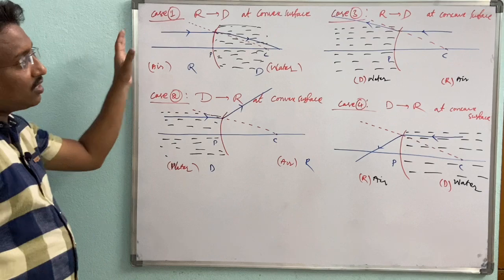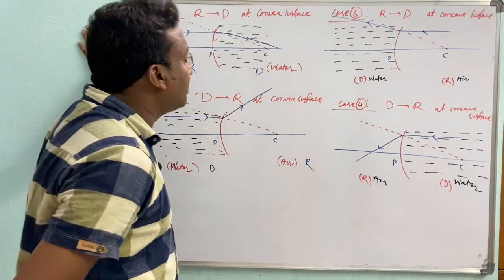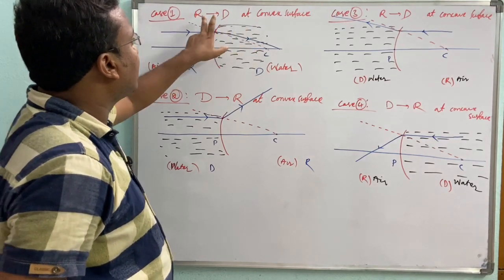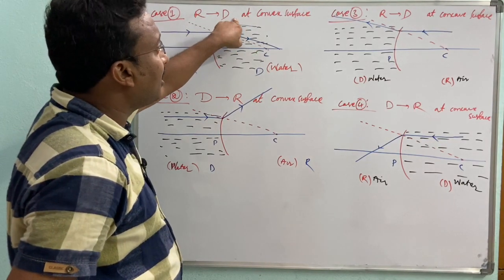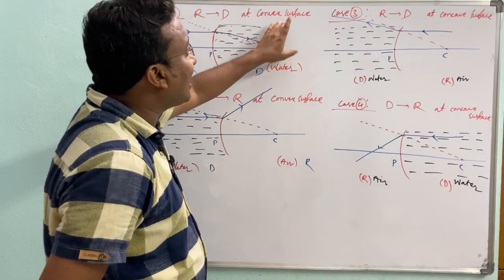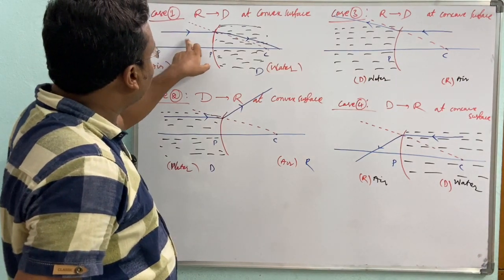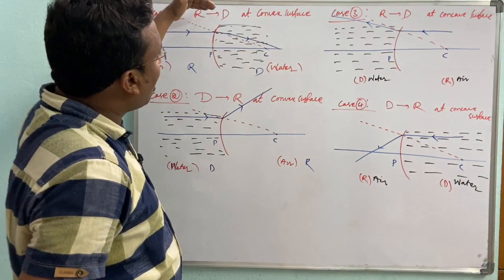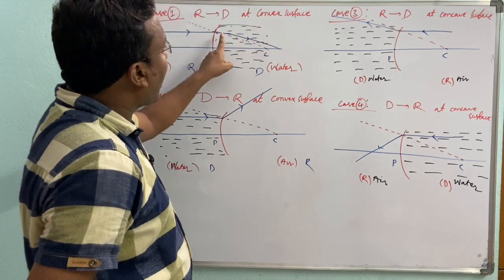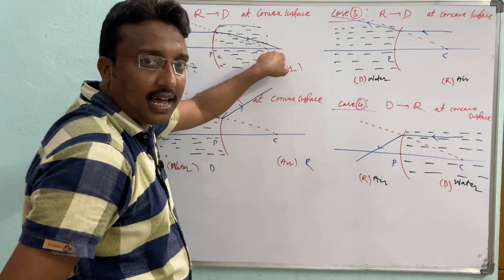Got it? These are all the 4 cases. Once again I will repeat. In the first case, a light ray passes from rarer to denser medium by striking a convex surface. After refraction it comes towards the normal and the refracted ray bends toward the principal axis.